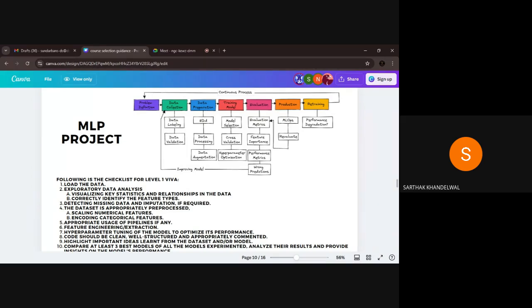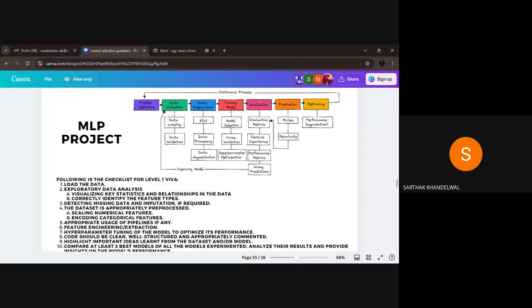So let's give a brief introduction on the MLP project as well. This is an end-to-end project where you will be provided a data set with basic metadata, like information about how many rows and columns there are, and the specific meaning of each of the columns.